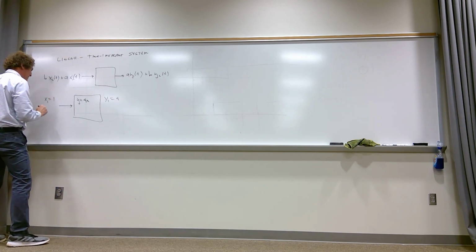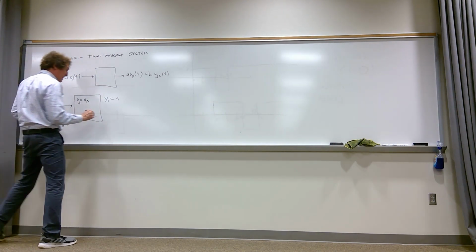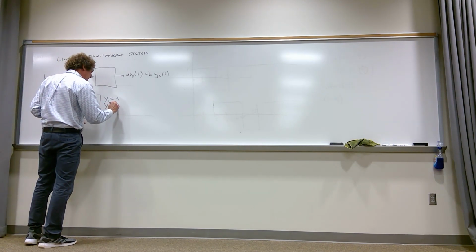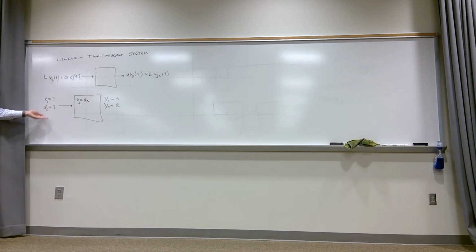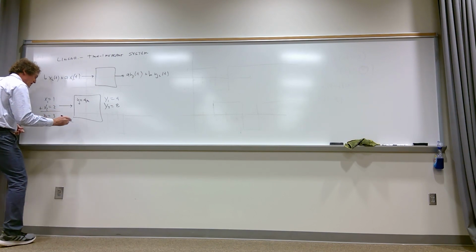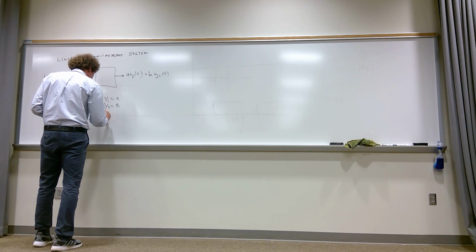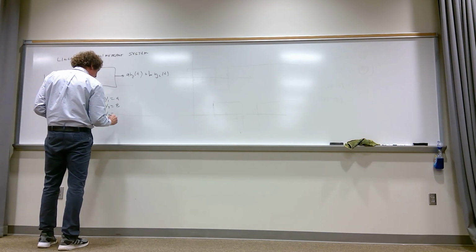If I put x2 equal 2, my output y2 would be 8. This should make sense to you, right? Now if I added these two up, a third input x3 would be 3, and my output y3 will just be the addition of these two, or 12.